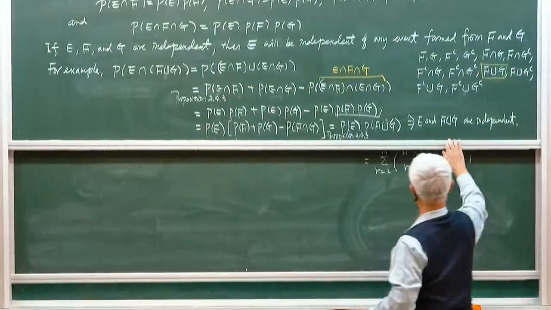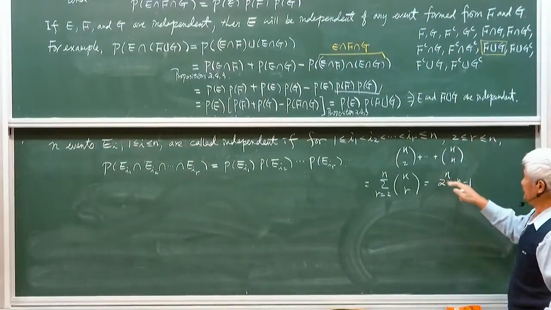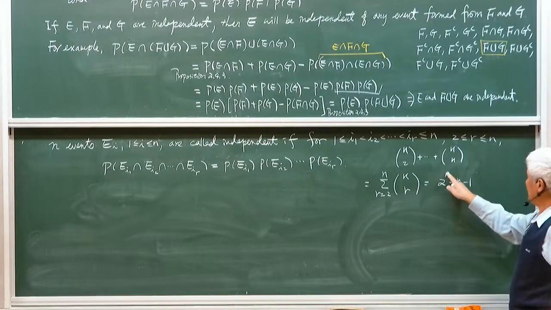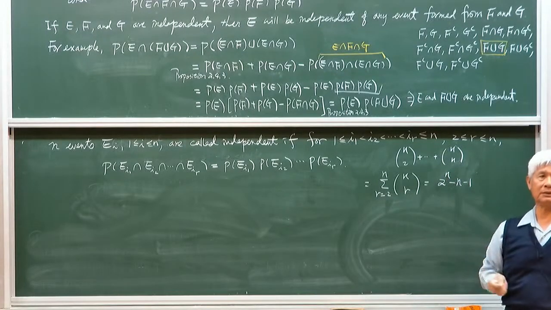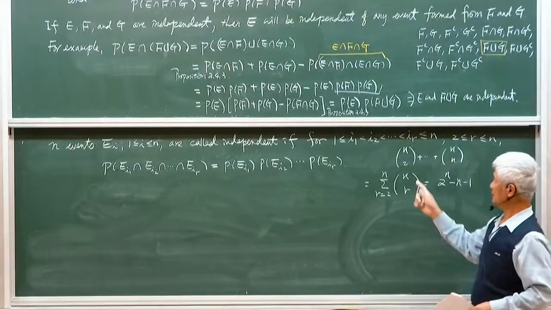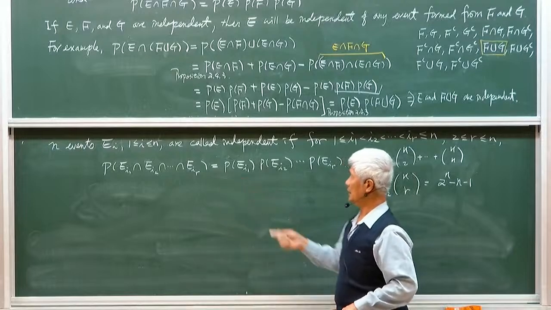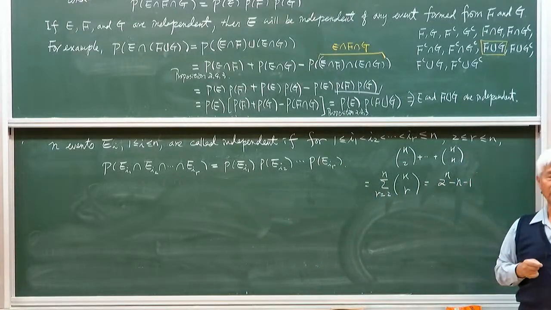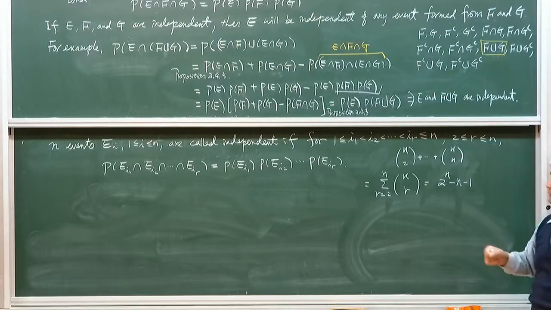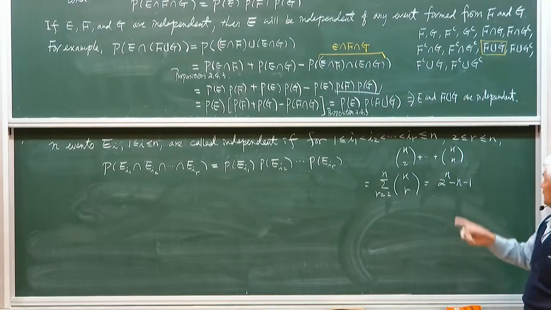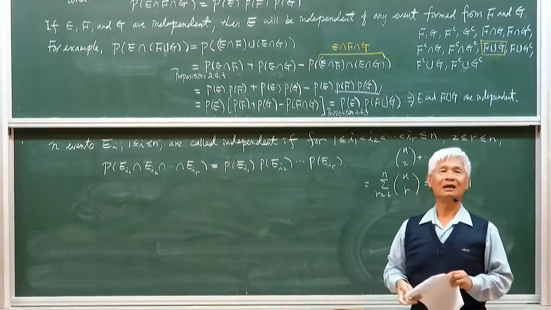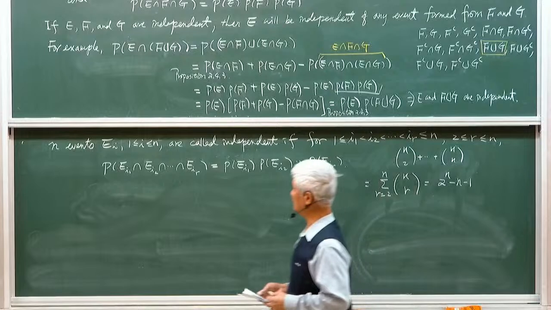But in general, if we have n events, for example when n is 10, and we say these 10 events are independent, then how many equations must we satisfy? More than 1,000 equations. So when n is 10, you have more than 1,000 identities. It's a lot.